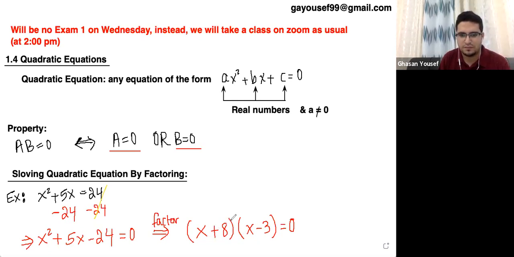I can set the first parentheses as my a, and the second parentheses, x minus 3, is my b. So a equals 0 or b equals 0. I'm going to move to the next slide.